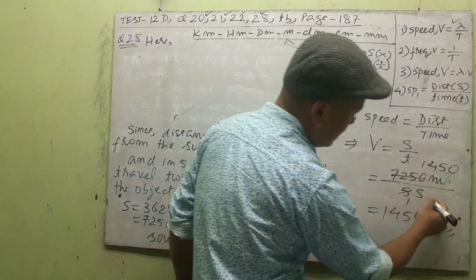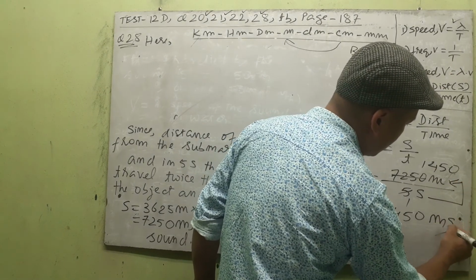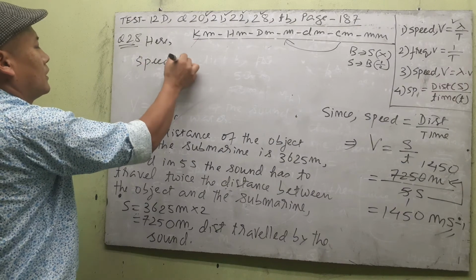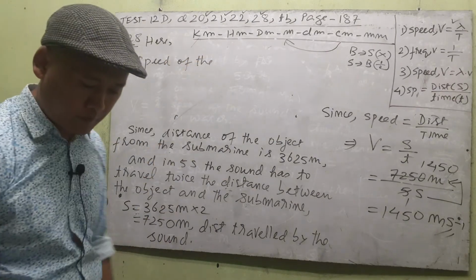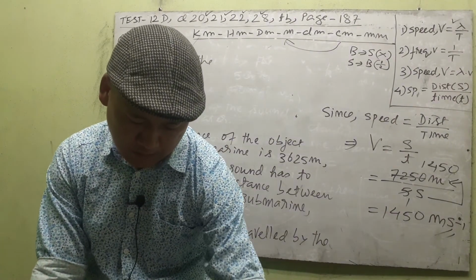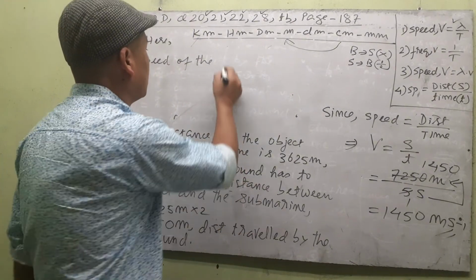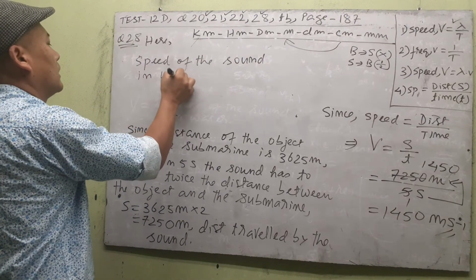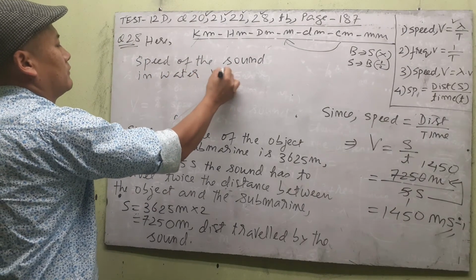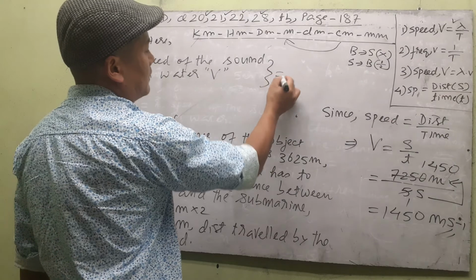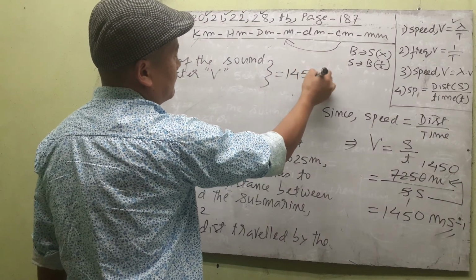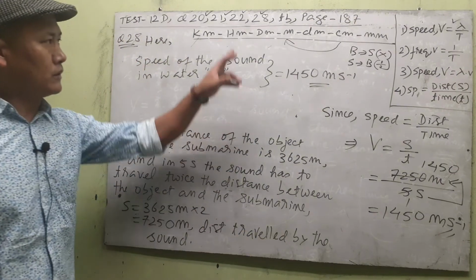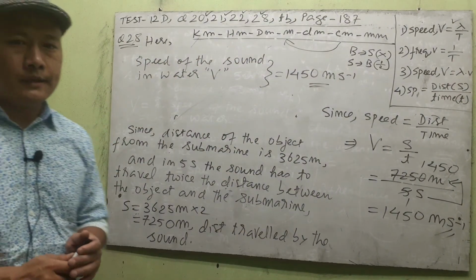Here, sorry, meter, then this second to the power plus 1 goes up, becomes second to the power minus 1, corrected. So the speed of the sound in water, we are using speed here as capital V, this is nothing but 1450 meter per second. So that concludes our part for Test-12D.